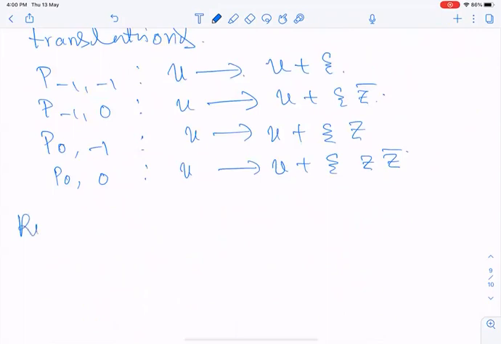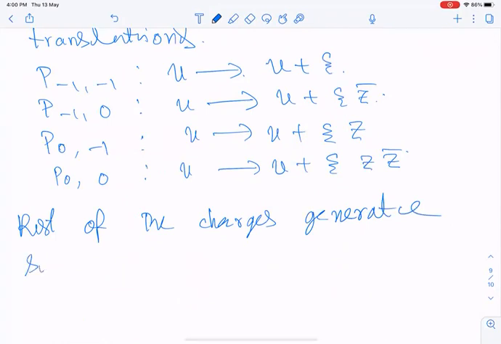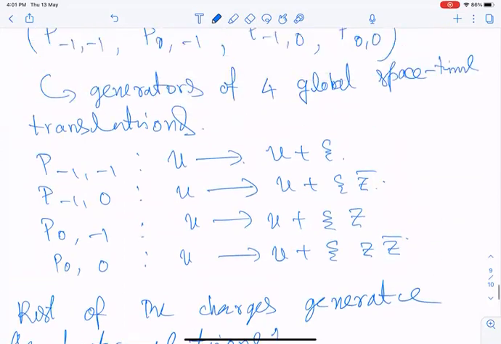The rest of the charges generate supertranslations.